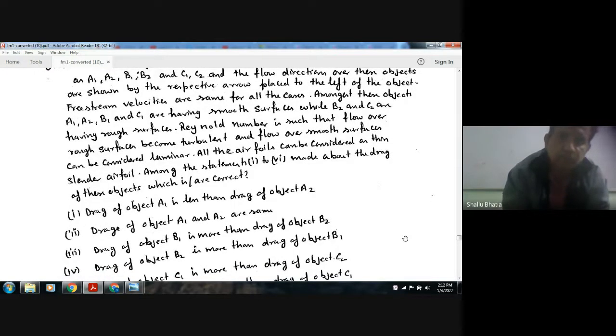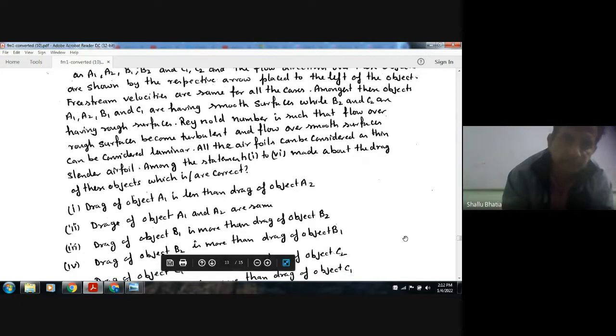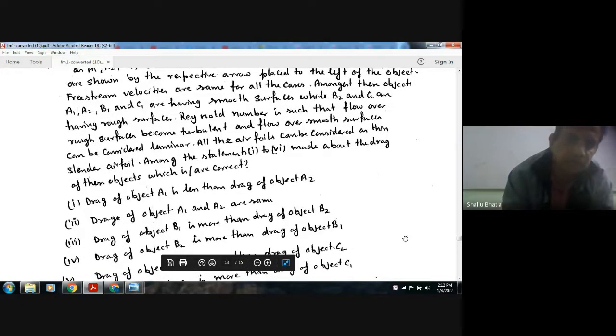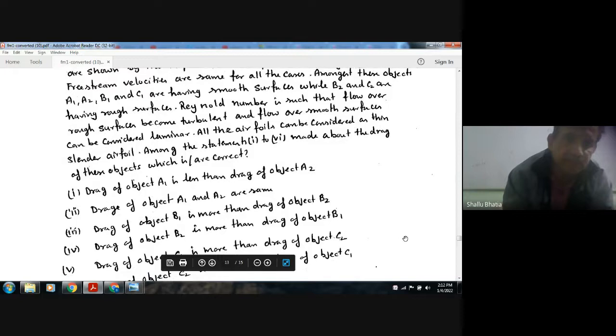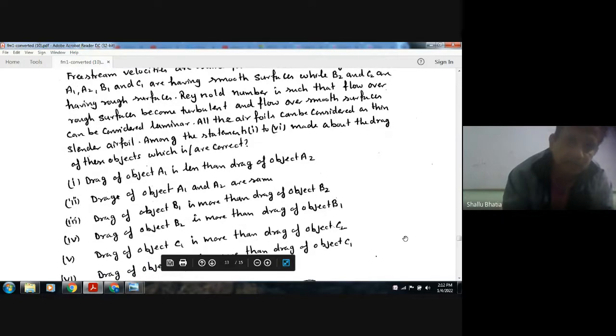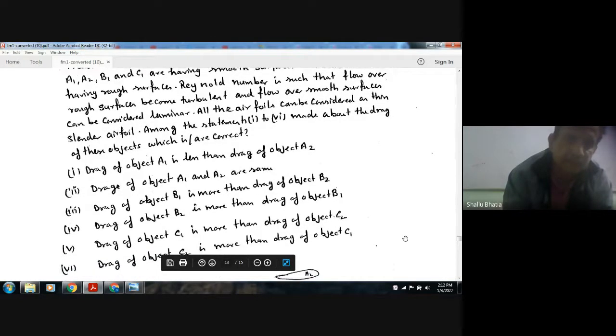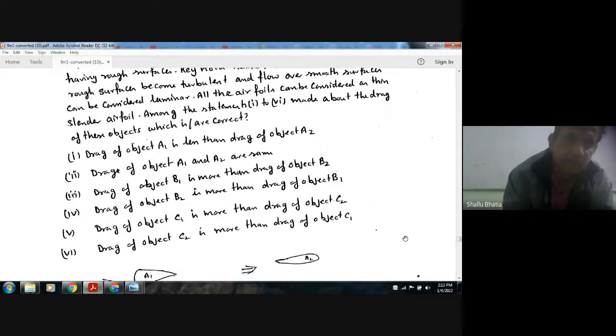Reynolds number is such that the flow over a rough surface becomes turbulent, and flow over a smooth surface can be considered laminar. All the airfoils can be considered thin, slender airfoils.